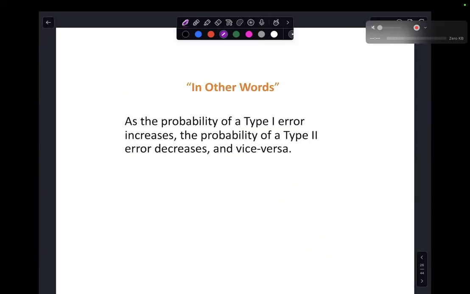And so they'll kind of refer back and bring all of this back in. They pretty much act as if you've never seen it before, and then they build on it. So even if you don't quite understand the type 1 and type 2 error here, you'll get it again if you take 244. If you don't, it will never affect your livelihood. So try not to freak out if this is confusing.